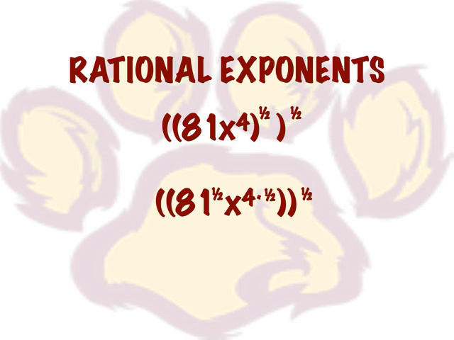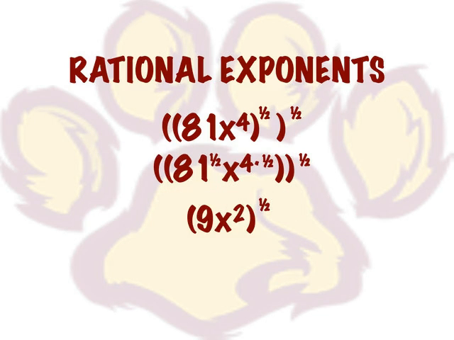Now we are taking, as we said before, with the half power, the square root of 81. Square root of 81 is 9. And when we multiply our exponents with the variable, we just get x squared. And we still have a half power outside of parentheses to further work with.